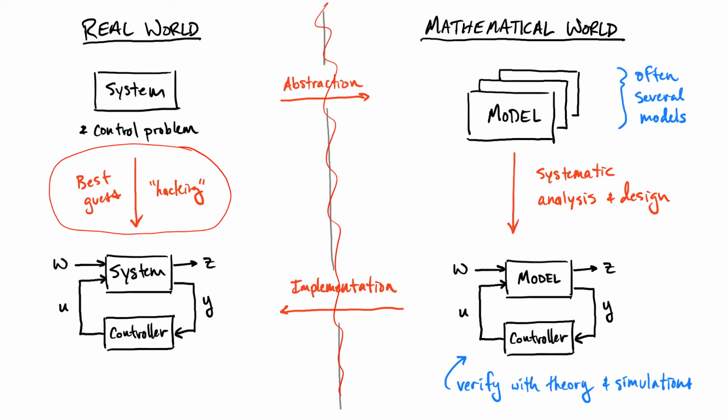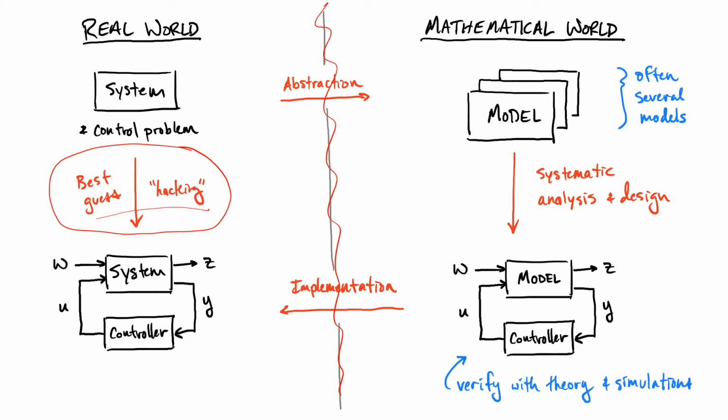And what's also important is the fact that best guess and hacking is essentially limited to our kind of creative understanding about the system. And so when we go through a more mathematical approach, we can rely on the mathematics to bring out things that we don't already have intuition for. And so much more complicated and much more nuanced solutions can come out of this.